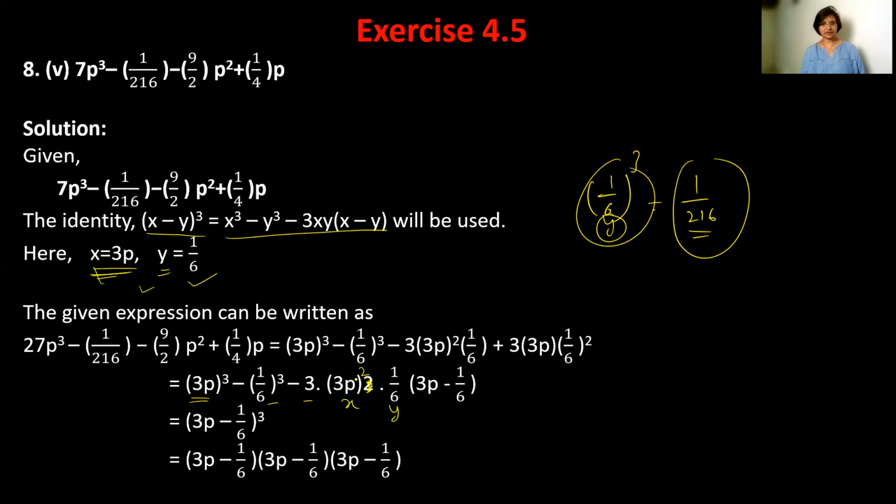So 3xy, so y is here. Okay. So here we are getting 3p minus 1 by 6, x minus y. So after calculating this, 3p minus 1 by 6 whole cube, we can write it in that form because the expression is the same as in this form. And then you can write 3p minus 1 by 6 into 3p minus 1 by 6 into 3p minus 1 by 6.